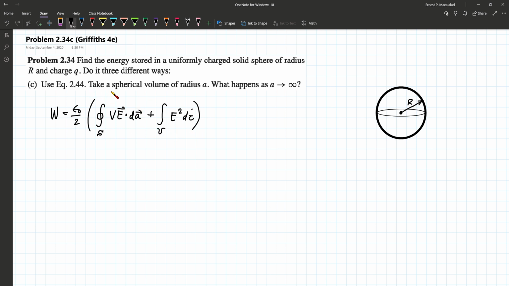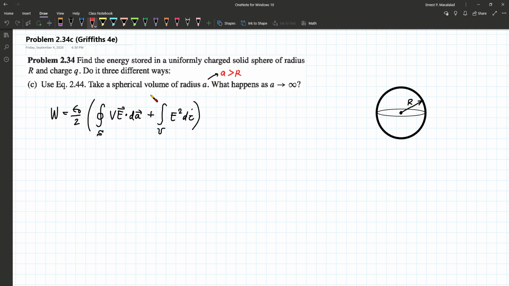In this case, we're going to take a spherical volume of radius A, which should encompass our sphere, so A is greater than R. And later we're going to see what happens if this radius A approaches infinity.